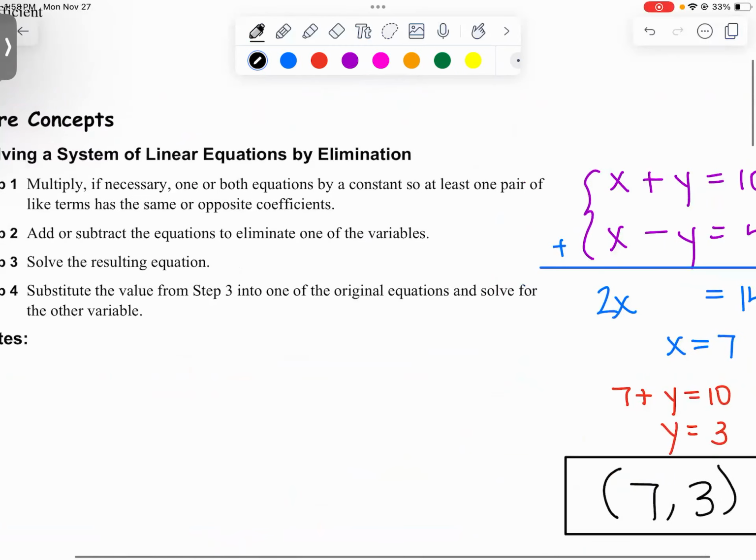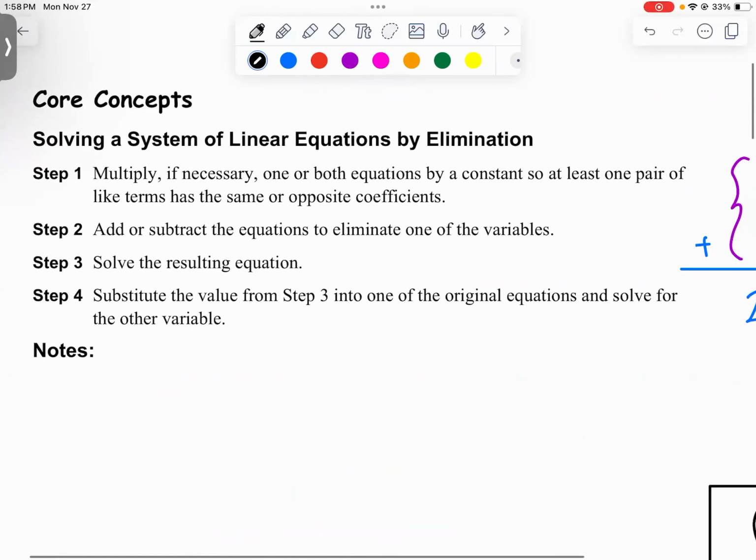So if we are going to solve by, this is called elimination because we are eliminating one of the variables. If we are solving by elimination, we want opposite coefficients for one of the pairs, whether it be x's or y's.